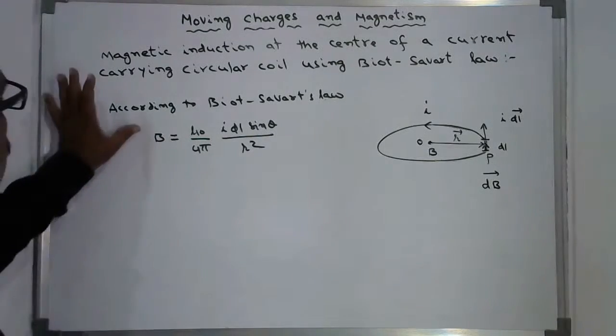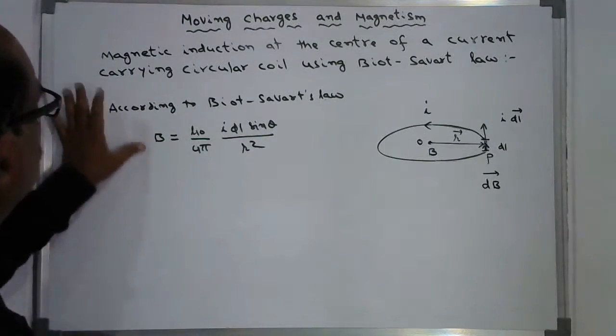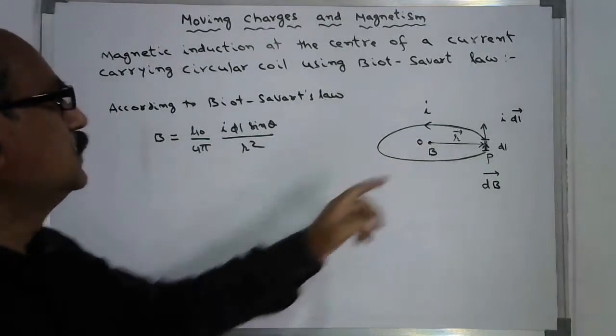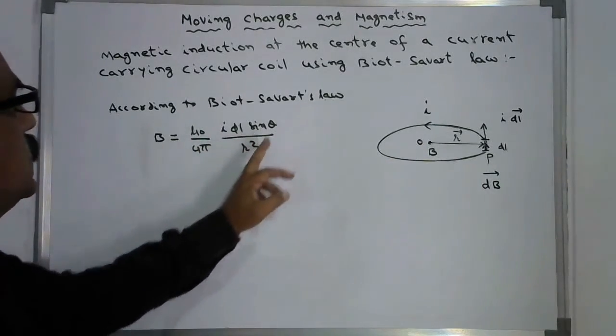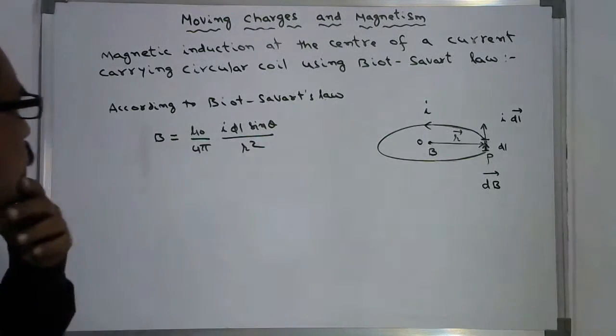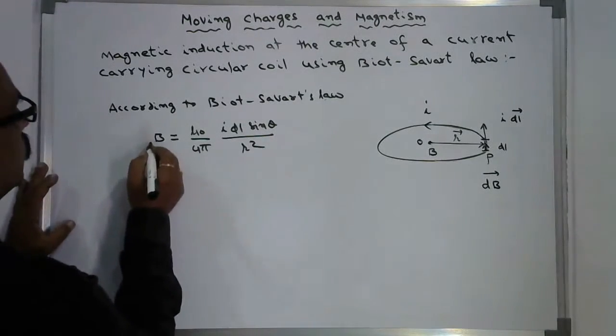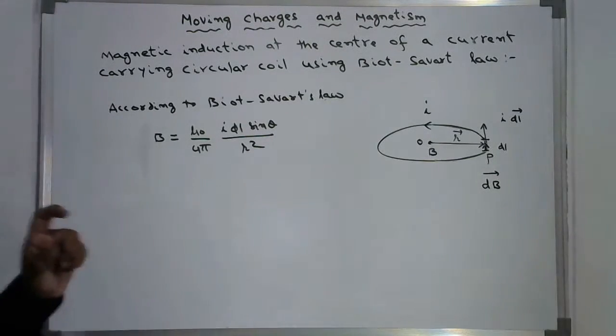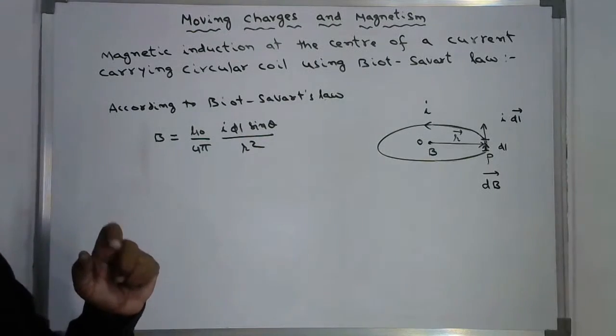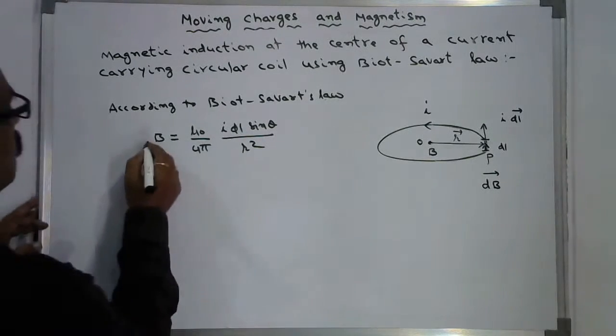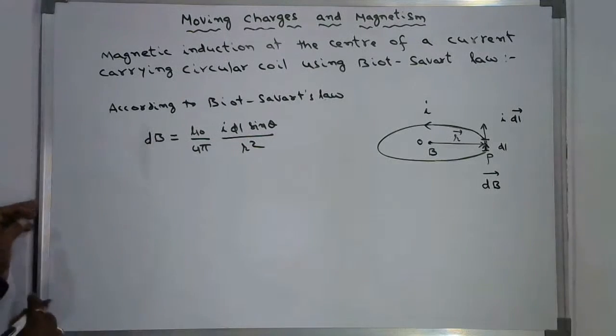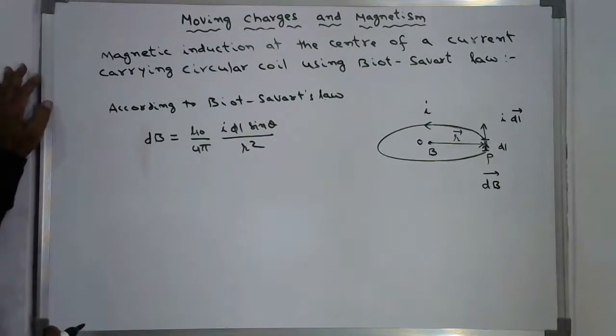So the magnetic field induction B at this point is given by I dl sin theta by r square, for a small element. So I write here, for the small element, dB is mu naught by 4 pi, I dl sin theta by r square.